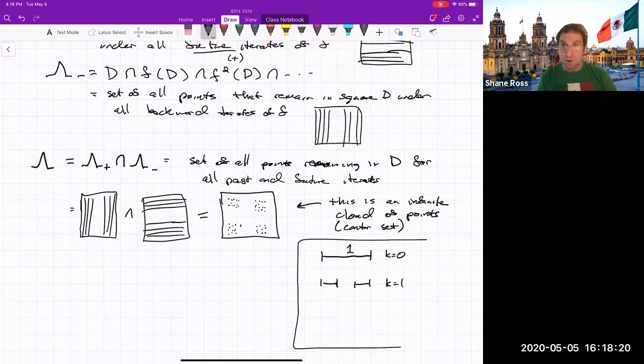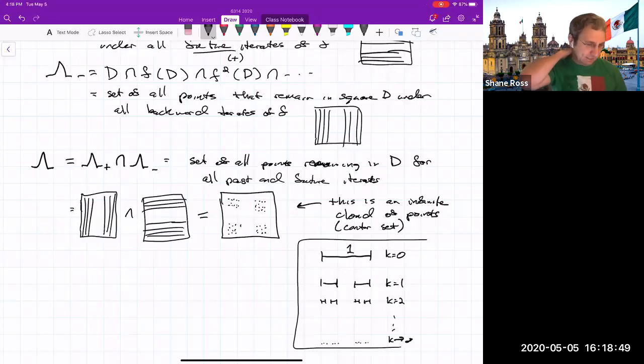Now remove the middle third of each of the remaining intervals. And then just keep on going. After a while, as k goes to infinity, there's going to be just a bunch of points left, an infinite number of points. And it's a closed set that's entirely boundary points. So Cantor sets are kind of weird.